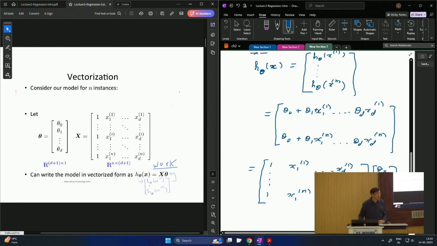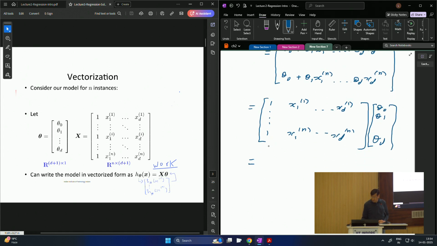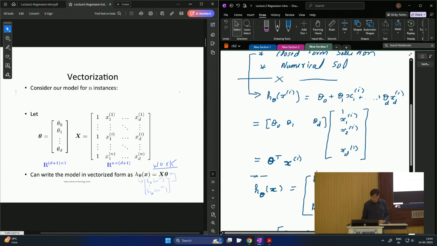Is everybody with me? 1 into this, this into this, this into this, plus this into this, plus this into this. I've just written that, which means that this is nothing but, if I call this guy an X matrix, and this we already know is theta. We have defined this as theta here. Correct?